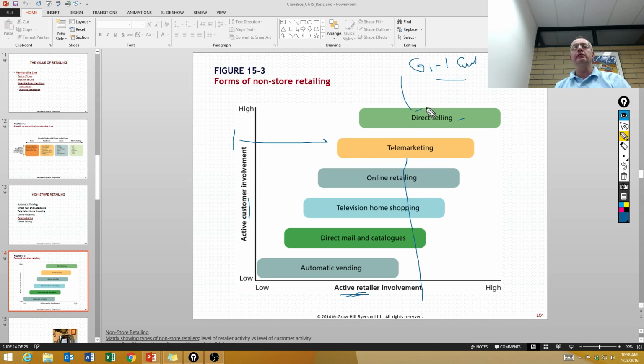And then probably the better example is Avon. Avon has something like 6 million sales agents around the world that go door to door. And Avon is not so big in North America anymore, but it's still big in some developing countries where they don't have as many retail stores.